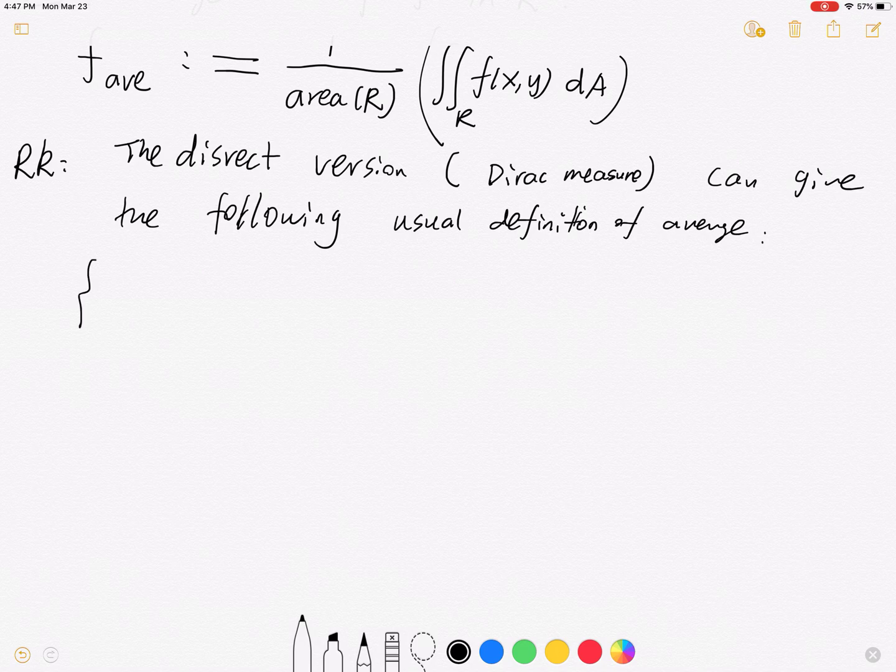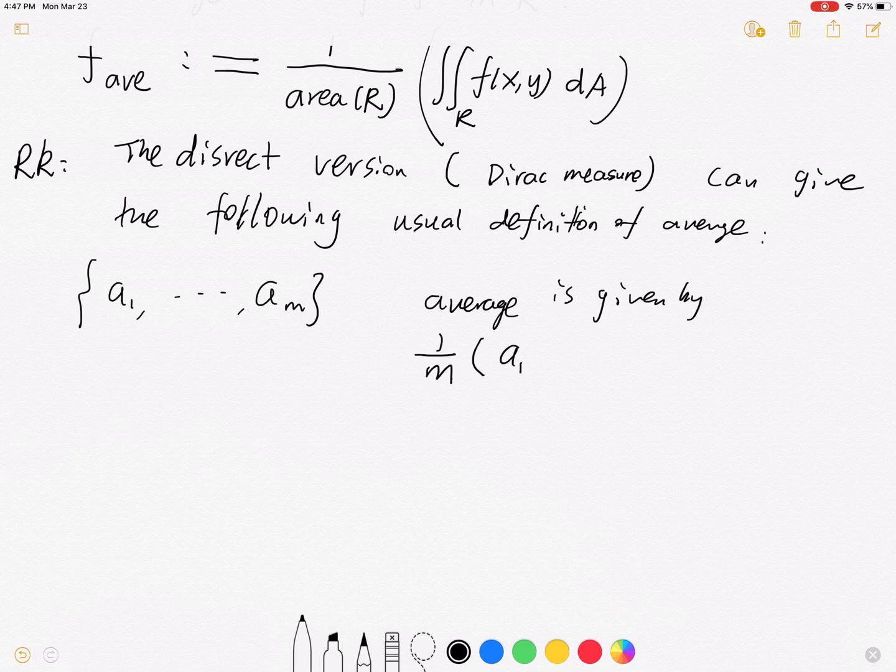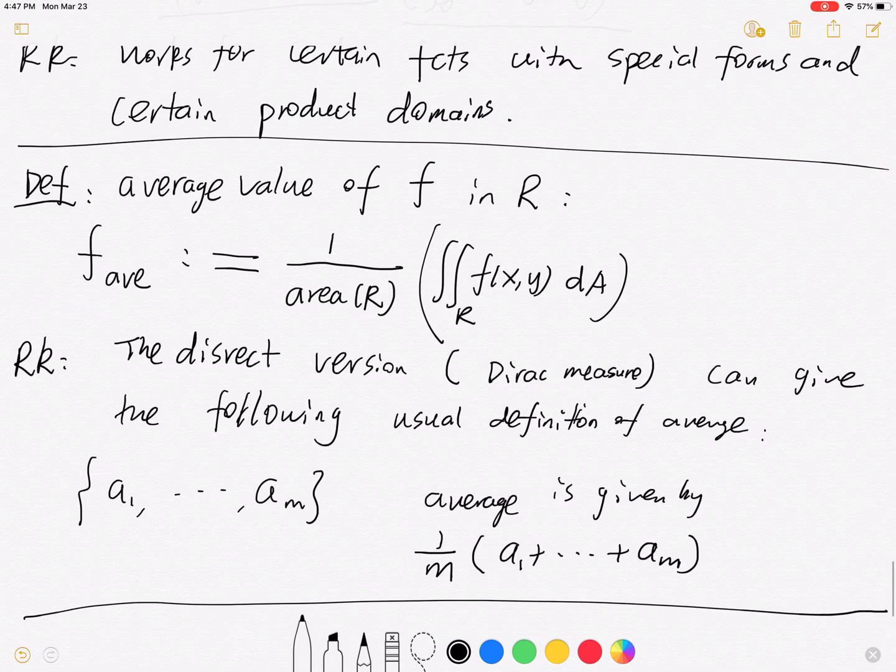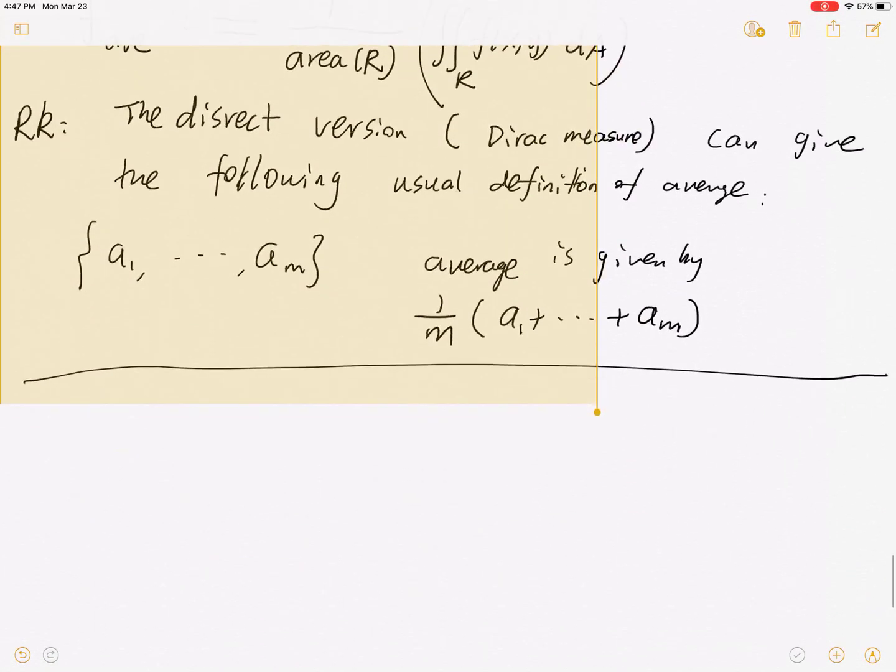So suppose you have points A1 up to AM, so the average is given by 1 over M times the summation from A1 to AM. It can be included in this definition, but I will not give the definition here.